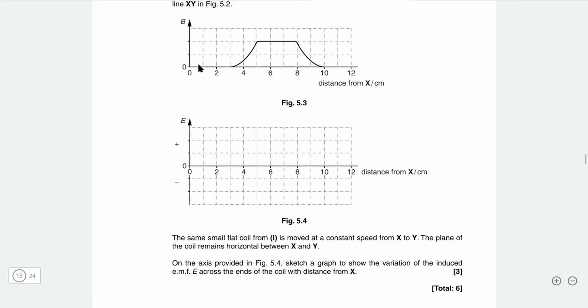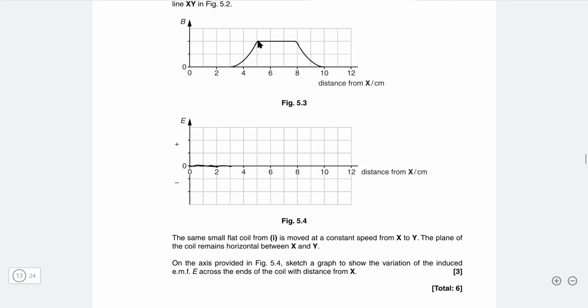Now, as we are moving it in this region of a field, the induced EMF will be 0 if there's no field. So we should start off with the EMF being 0 pretty much all the way up to here.